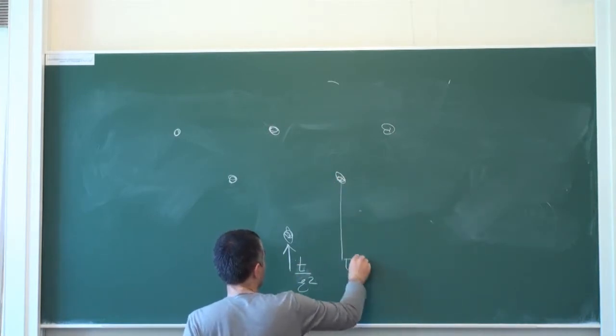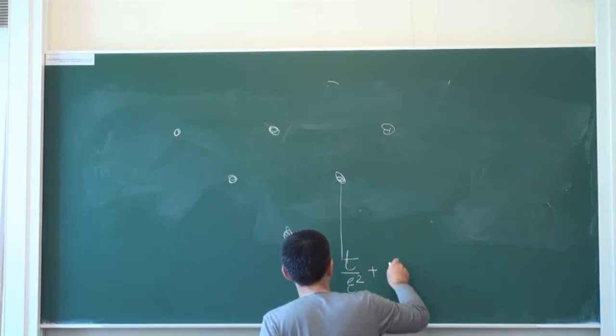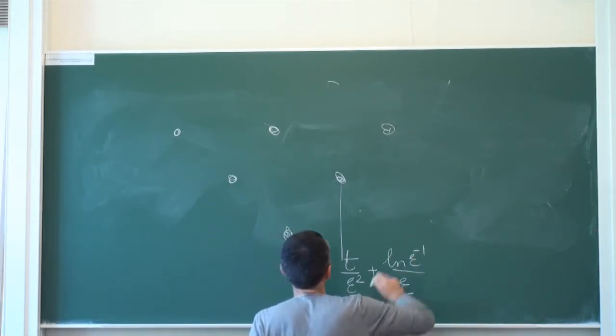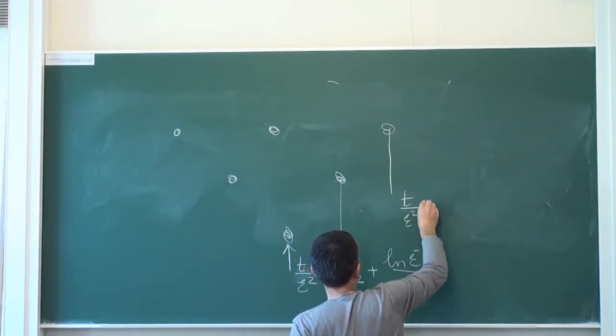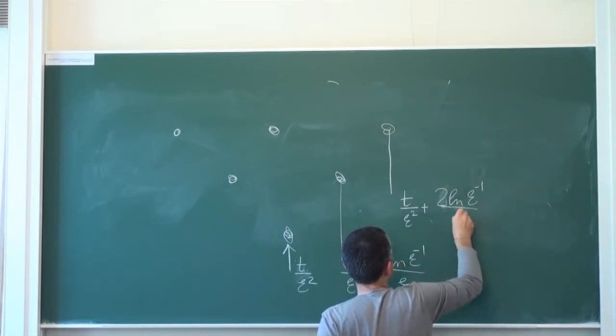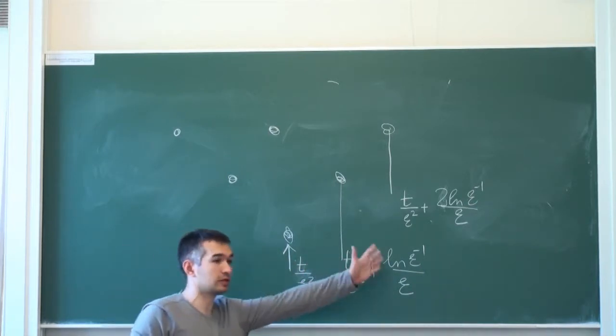This particle will be t over epsilon squared plus log epsilon inverse over epsilon. The coordinate of this particle is going to be tau over epsilon squared plus twice log epsilon inverse over epsilon, and so on. So this will be the spread of the lattice.